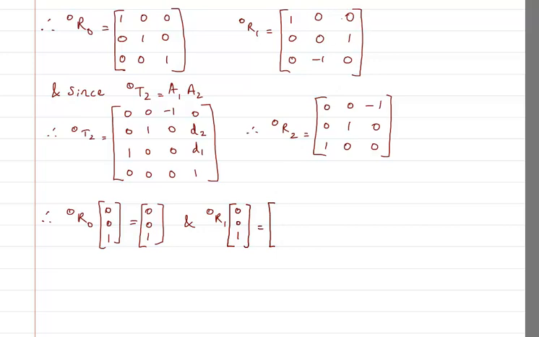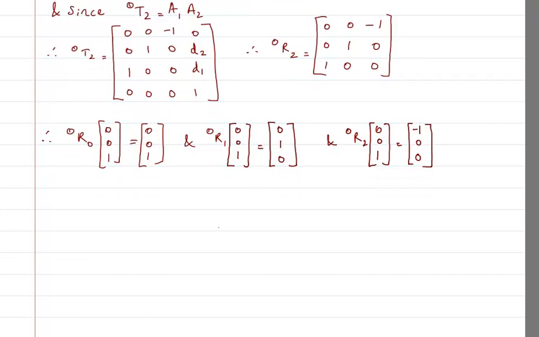From 0r1 I am going to take the third column, which is going to be 0, 1, 0. And for the last one, 0r2 multiplied with 0, 0, 1, I take the last column from this one, which is going to be minus 1, 0, 0.